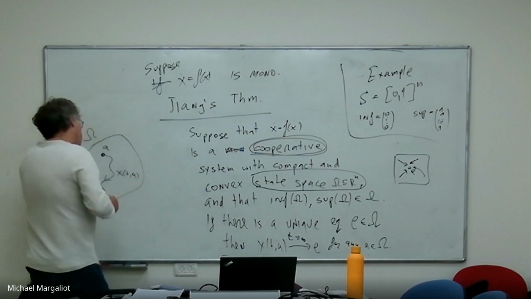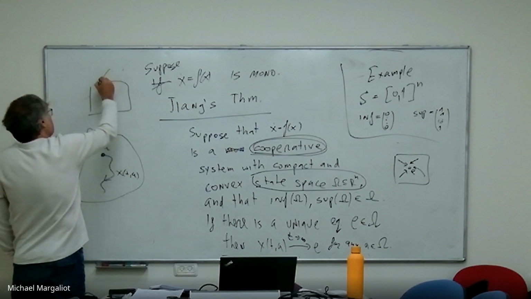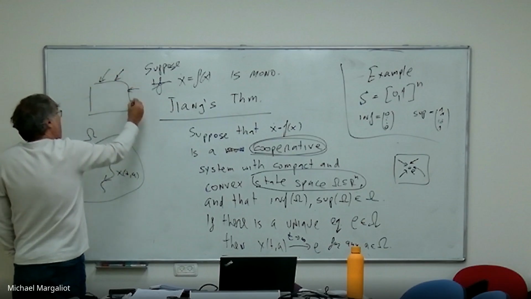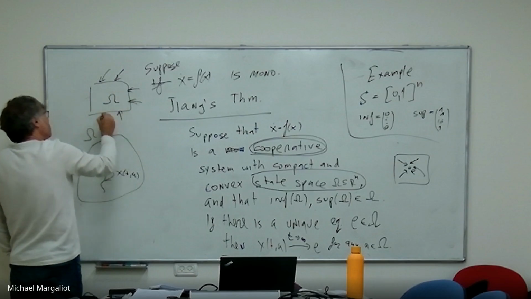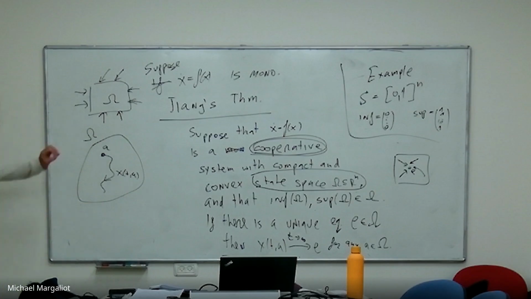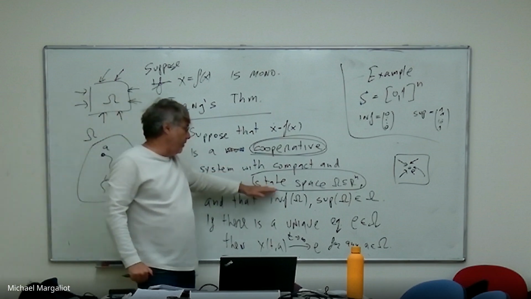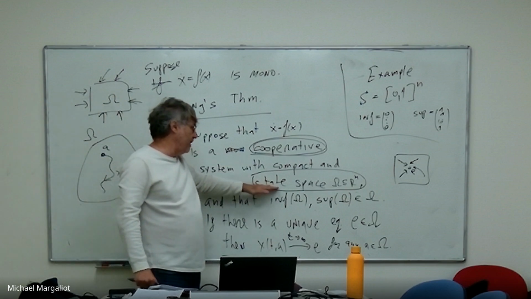Dissipativity means somehow that you lose energy when you're outside of omega, and you have to go back to omega. This is often the case. For dissipative systems, you can often prove that you have a forward invariant state space like what you need here.